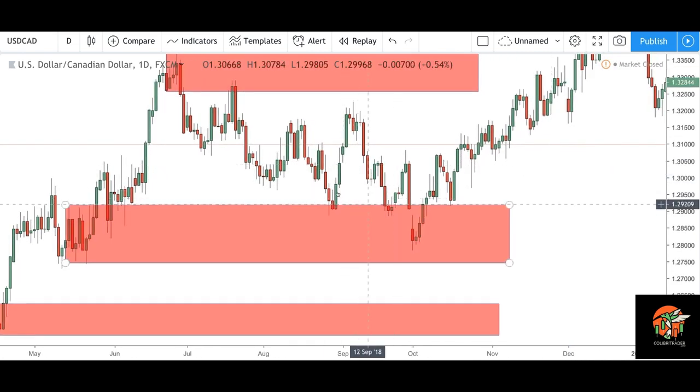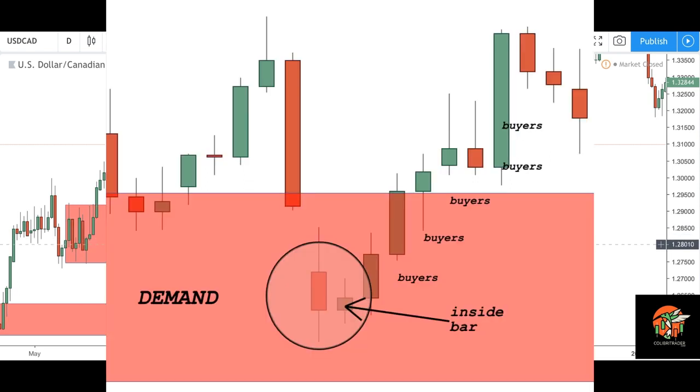First, there was one confirmation here in the upper boundary of this demand level. There was a bullish engulfing pattern which led to a bit of a hike, and then you saw the price going down to the middle of the trading range, or this demand area, and you had this tiny inside bar which was followed by quite a few bullish candles.